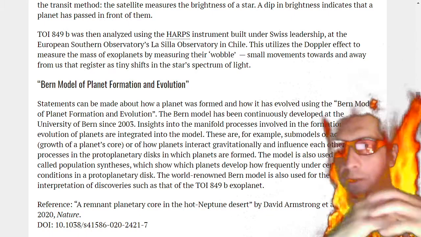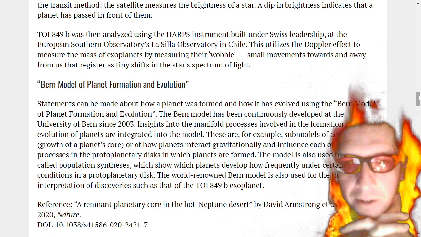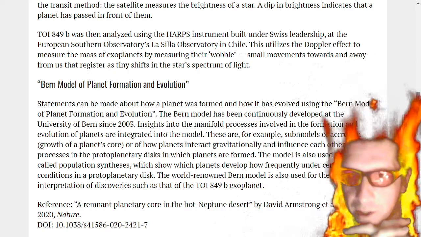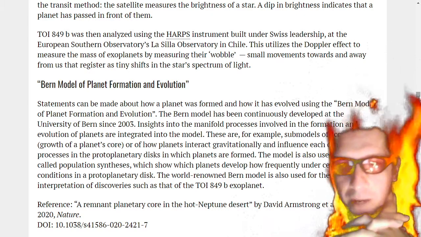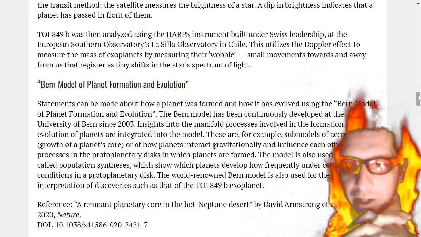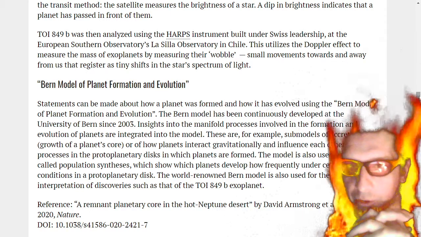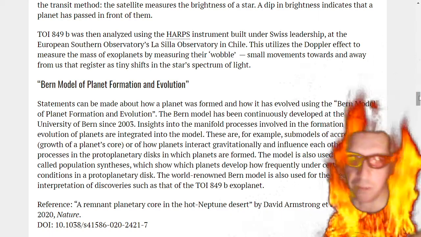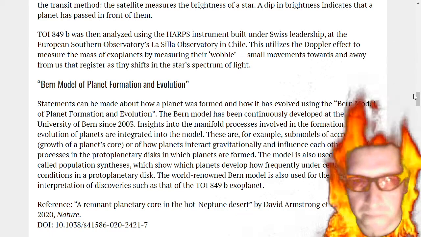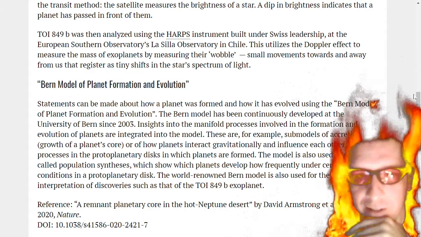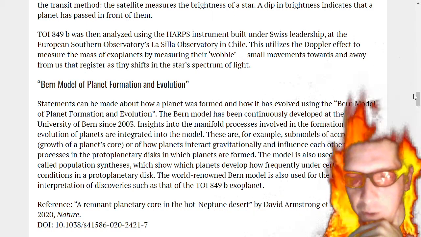The Bern model, which has continuously developed at the University of Bern since 2003, integrates insights into the manifold processes involved in the formation and evolution of planets. For example, submodels of accretion, growth of a planet's core, how planets interact gravitationally and influence each other, and processes in the protoplanetary disks in which planets are formed.